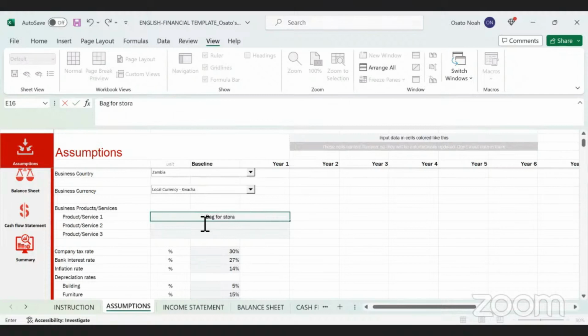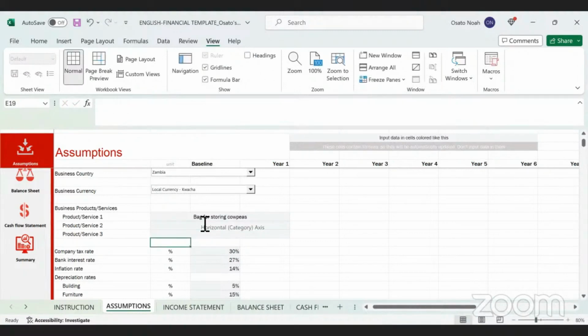I don't know if most of us know there's this special bag for storing cowpeas. It was facilitated by the Bill and Melinda Gates Foundation. So that's the mono product we are producing.